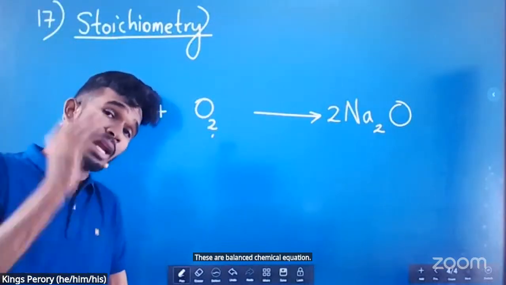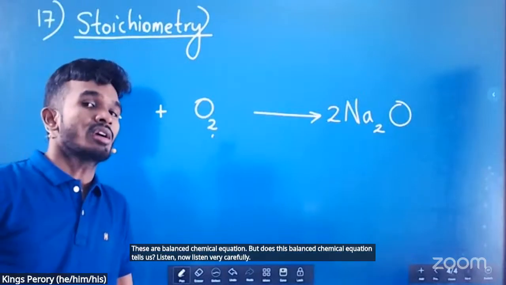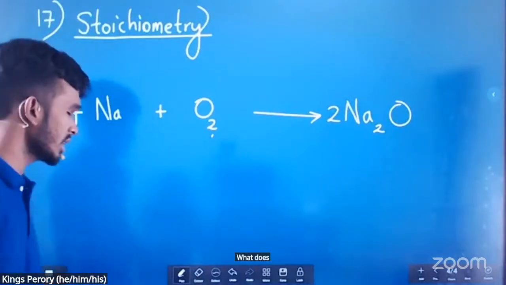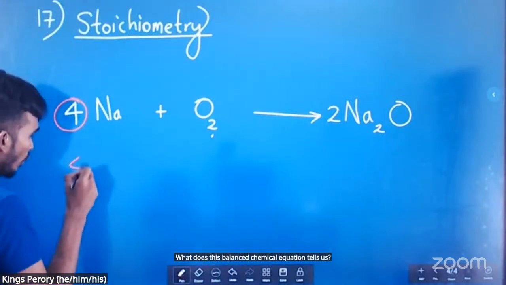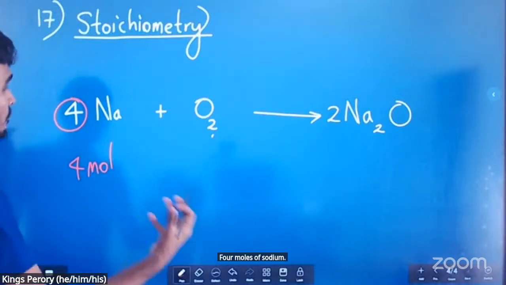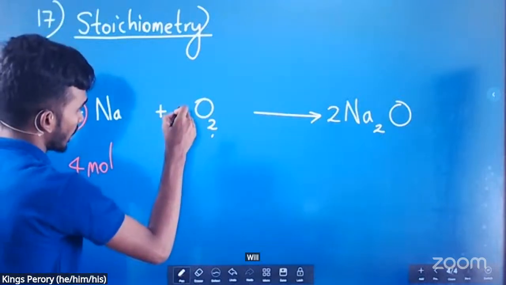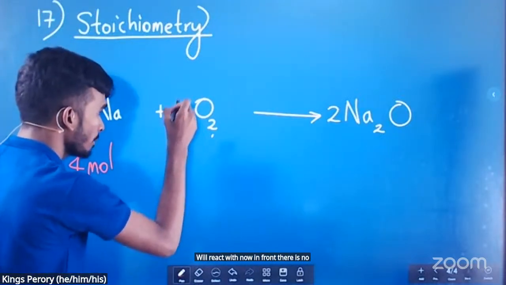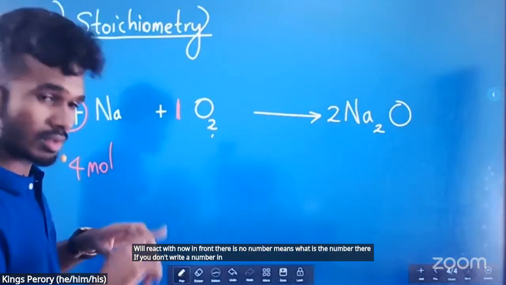What does this balanced chemical equation tell us? Listen very carefully. 4 moles of sodium will react with, now in front there is no number, so if you don't write a number in front, what is the number there? 1.